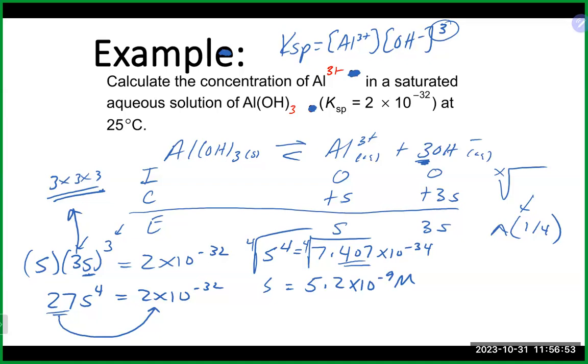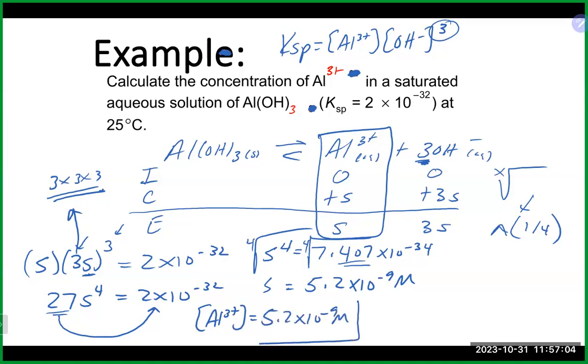That would be, in this case, the concentration of our aluminum, right? As that is equal to S, which is 5.2 times 10 to the minus 9. If I wanted the concentration of hydroxide, though, what would I have to do? I would have to multiply it by 3 because that equals 3S.